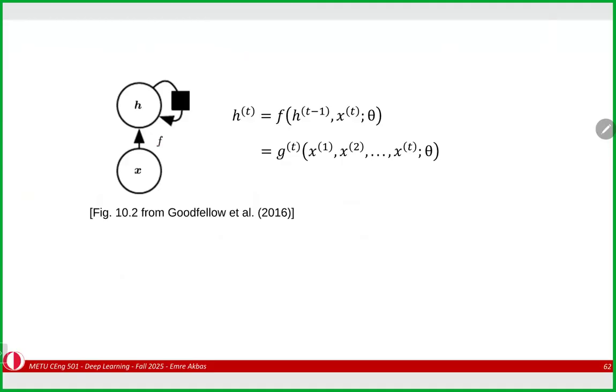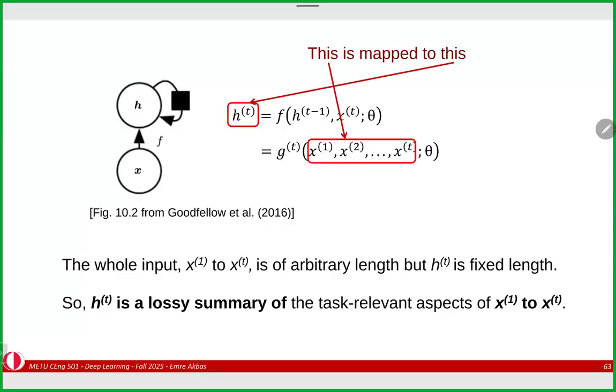We said that this expression can be extended, and for each length of the sequence, this is actually implementing a function g of t, but this sequence of t length, an arbitrary length actually, because you can call this f as many times as you want, is mapped to just a single thing, which is ht. So the whole input from x1 to xt is of arbitrary length, but ht is fixed length.